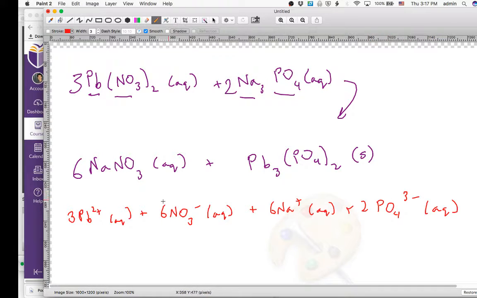Okay, and that makes, draw the arrow for meaning yields, 6 sodiums, that's in solution still, AQ. And 6 nitrates.